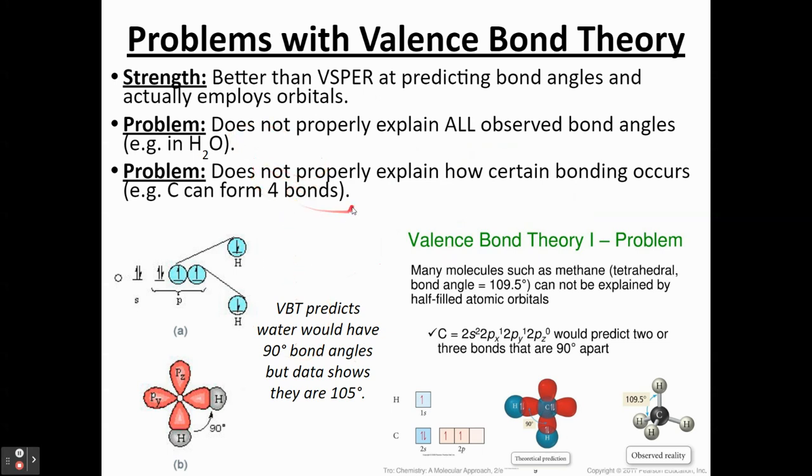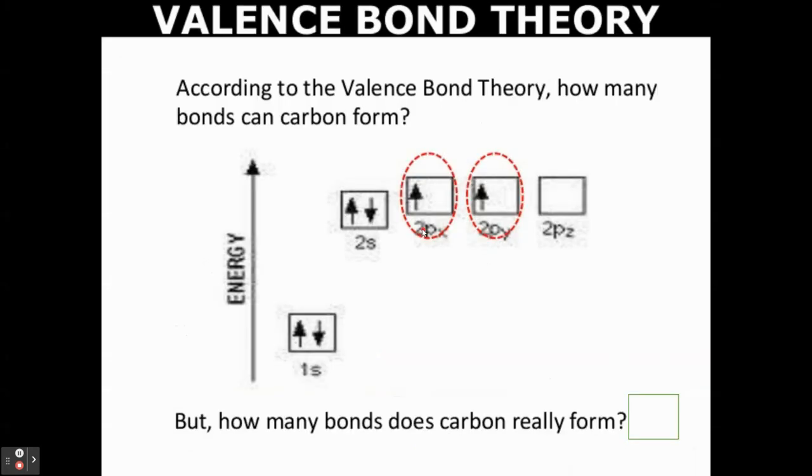And the other problem with valence bond theory is it doesn't always properly explain how bonding can occur or where bonding can occur. Some things seem a little bit off. So for example, if we look at carbon and we draw its energy level diagram, remember I said that bonding really needs to happen where you have single electrons. And then you can have other electrons combine and pair with those single electrons. If you look at carbon, you'll notice that it only has two single electrons here.